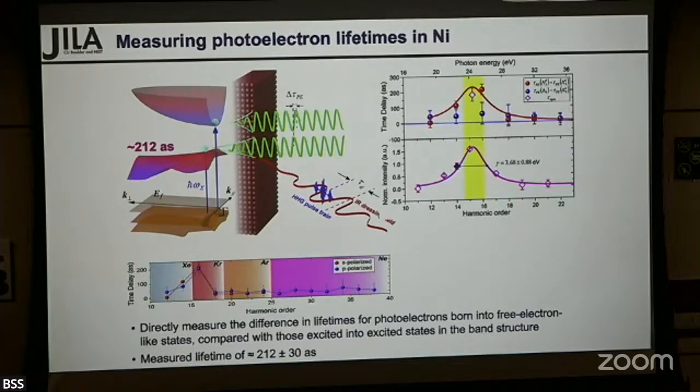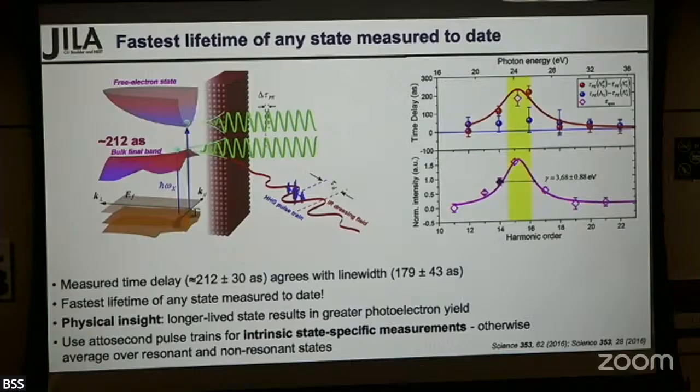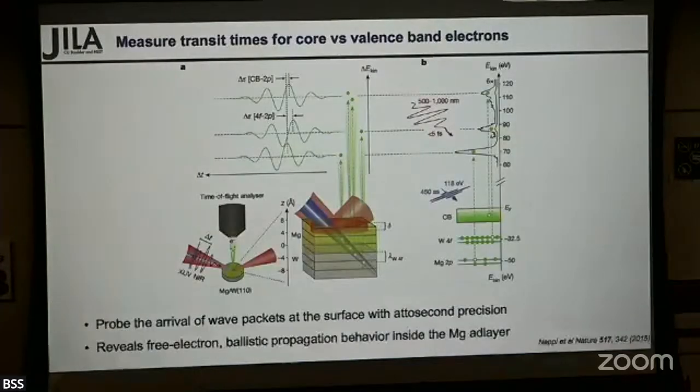So we went on then, so I mean, I'll just skip some of this and just say that our field is very famous for using attosecond pulses and measuring time delays, but you have to be careful that you're not just measuring different conduction band scattering lengths that arise just by way of how you did the excitation.